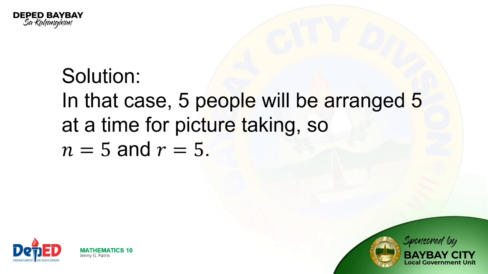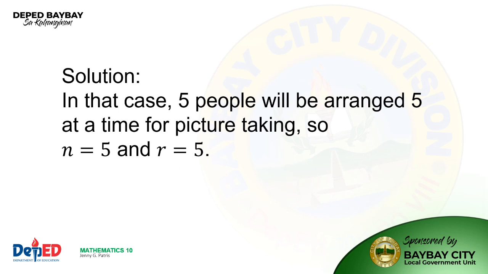From the given problem, order is important because one arrangement for picture taking is different from other arrangements. So, the concept of permutations is applicable. In that case, 5 people will be arranged 5 at a time for picture taking.